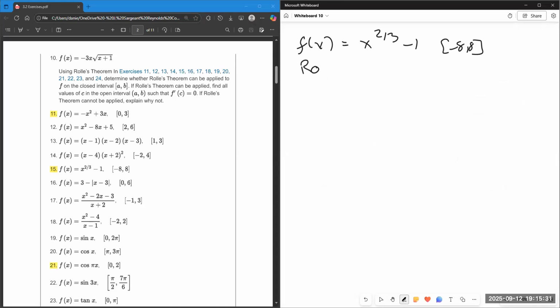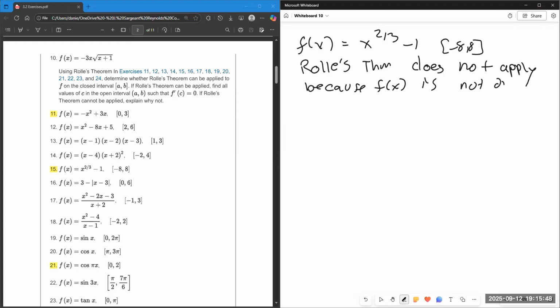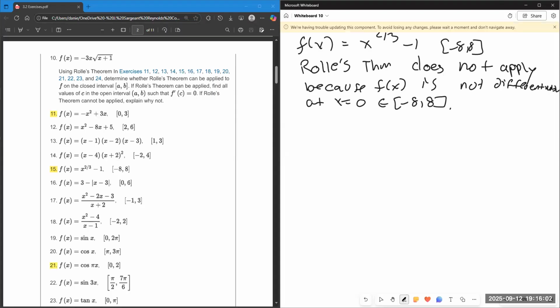Rolle's theorem does not apply because f of x is not differentiable at x equals 0, which is in the interval of negative 8 to 8. So we just stop and say it does not apply. That was 15.